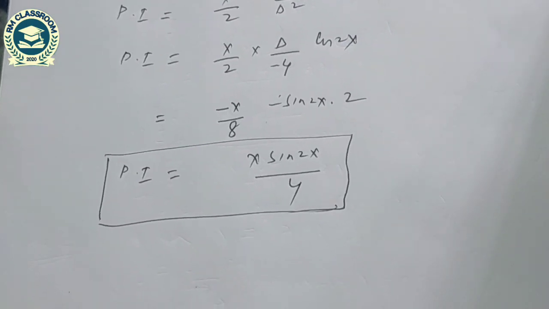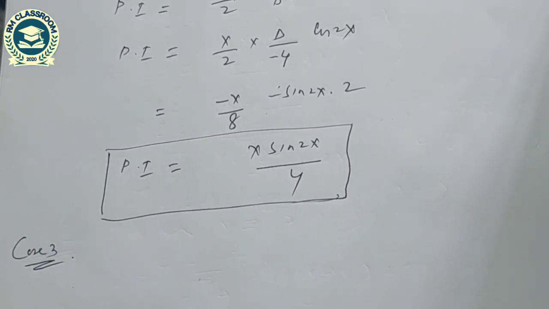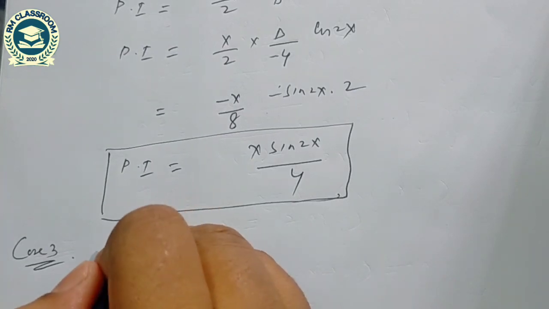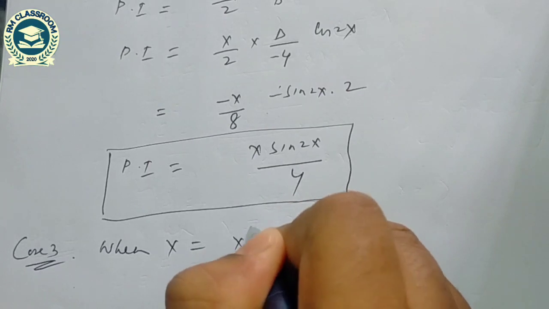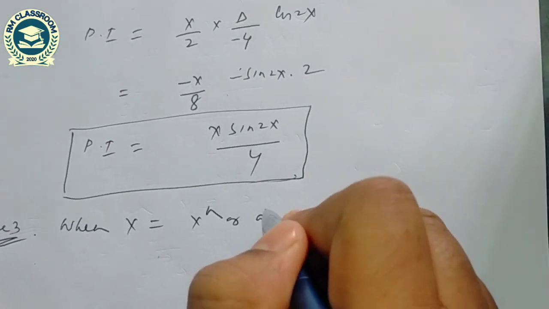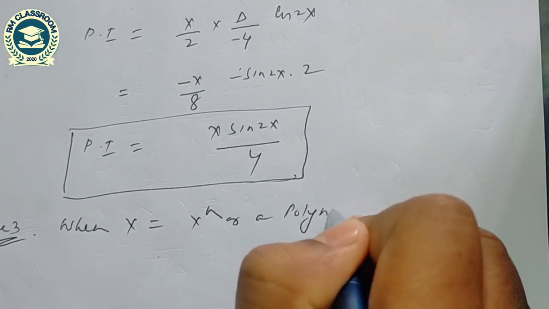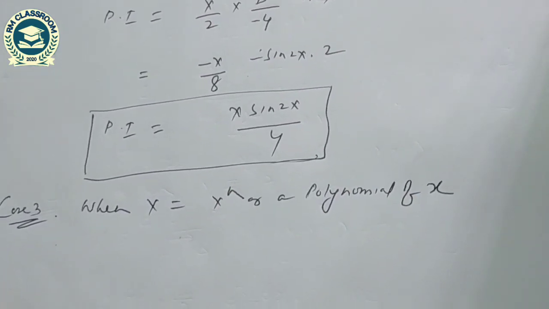So the third case I am going to discuss, case third. When X is equal to x to the power n, or a polynomial of x, then what will happen?